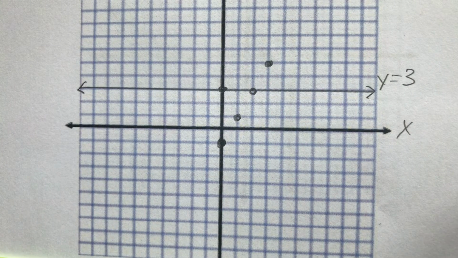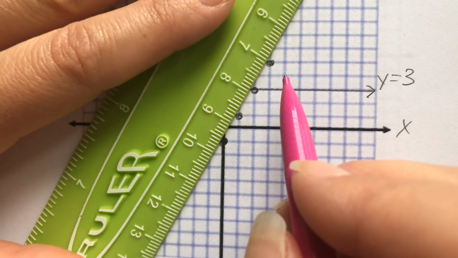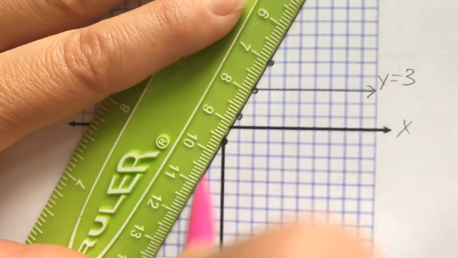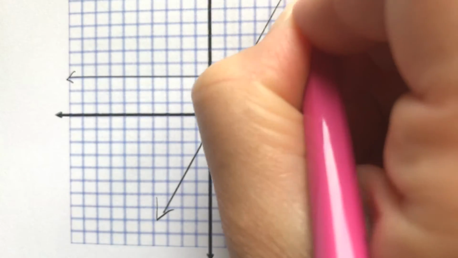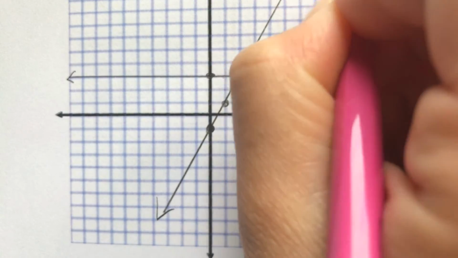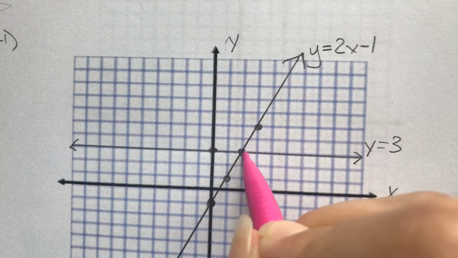Remember, I'm graphing these for a purpose. I want to find out where the two cross. I, of course, have to finish up my graphing, though. I've got to remember to label. And now I'm looking for this intersection point right here.